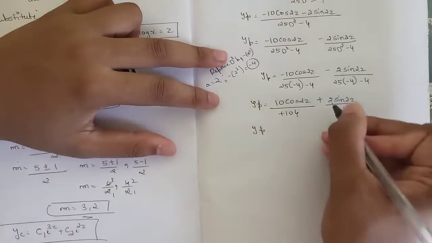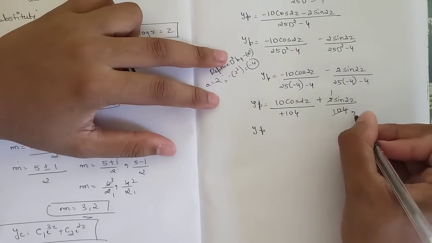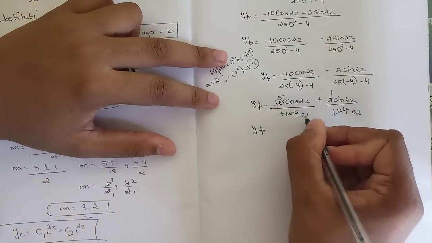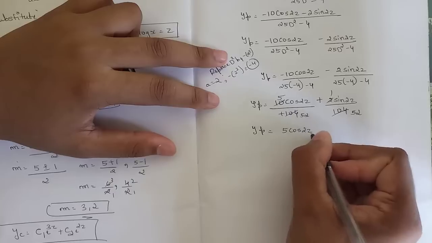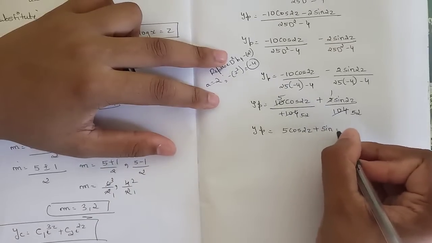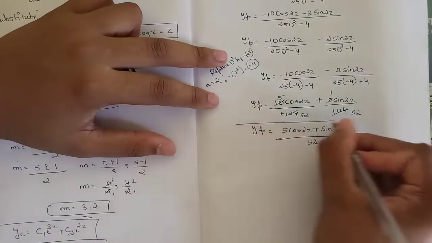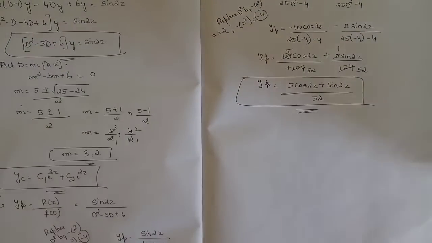We can simplify this: 2 ones are 2, 52s are 104. So we get 5 cos 2z plus sine 2z divided by 52. This is your particular integral.